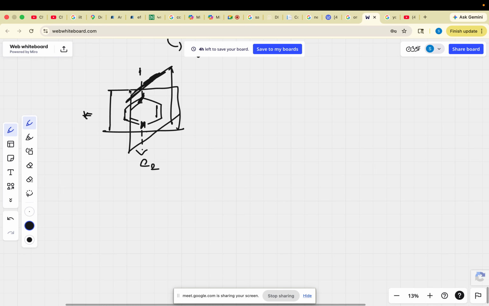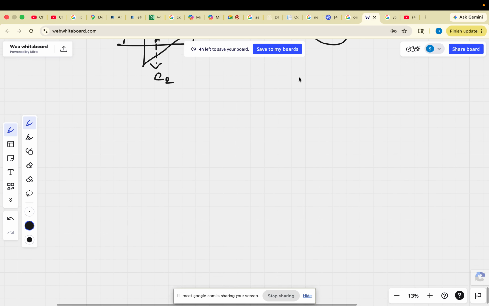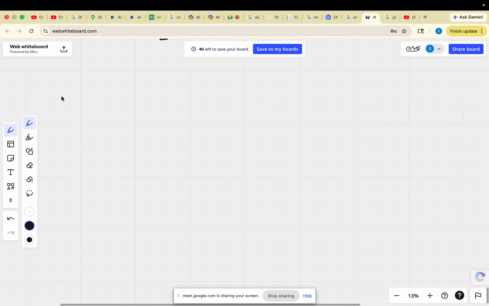Another plane is through the molecular plane. So you have one C2 axis and two sigma v. That will lead to the C2v point group. Okay, now what about this?